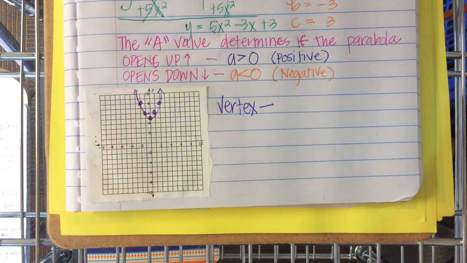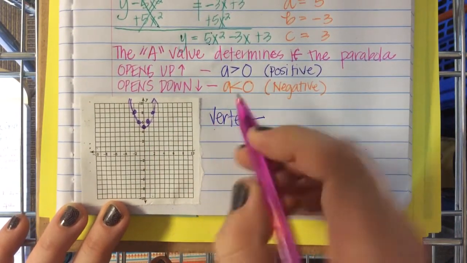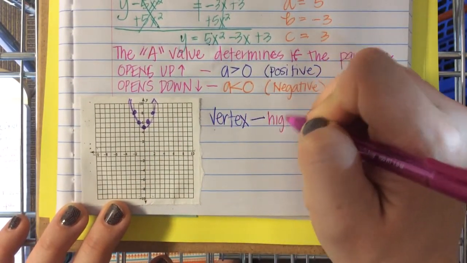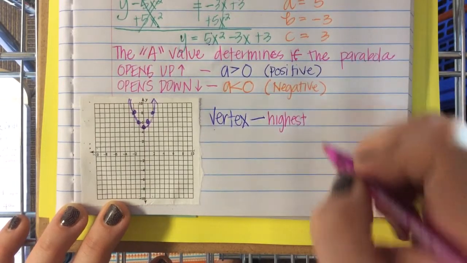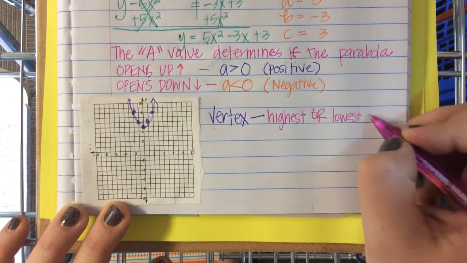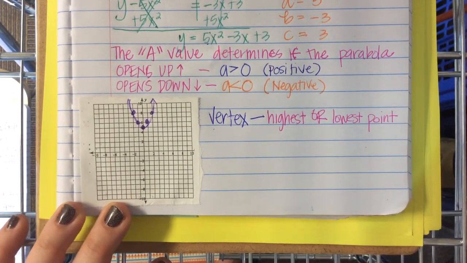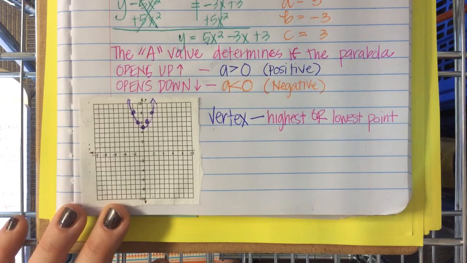The first thing we're going to define, ladies and gentlemen, is the vertex. So this is a parabola, and every parabola has a vertex. The vertex is defined as the highest or the lowest point. It's not both. It's either or. It either has a highest point or it has a lowest point.